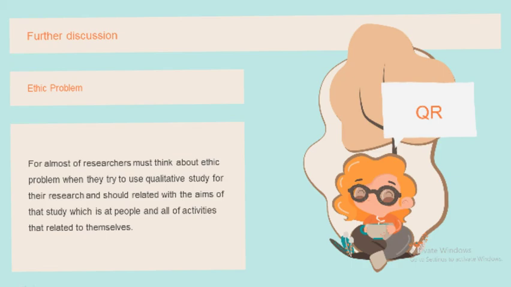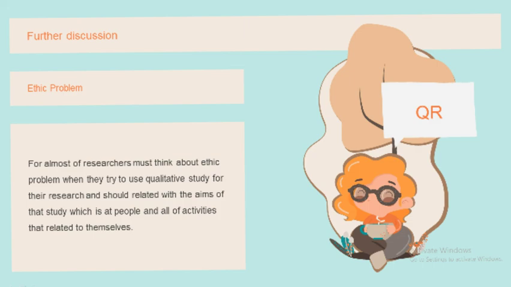And for further discussion about qualitative research, there are two discussions: ethic problems and validity of qualitative research. For ethic problems, almost all researchers must think about ethic problems when they use qualitative study for their research, and should relate it with the aims of that study, which is about people and all of the activities related to themselves.